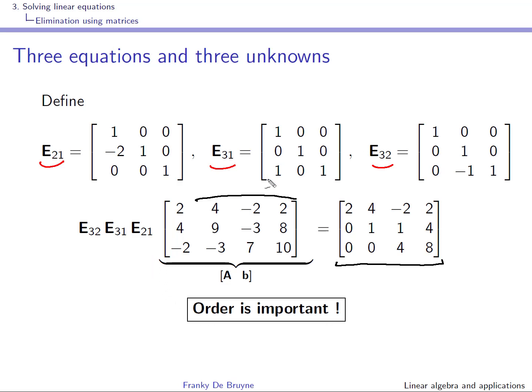You first produced a 0 over here, then a 0 over here, and then a 0 over here. So you should first pre-multiply by E21, then E31. These two you could swap, but this one you have to keep as last, because it assumes that the previous calculations have been performed. So order is important here.